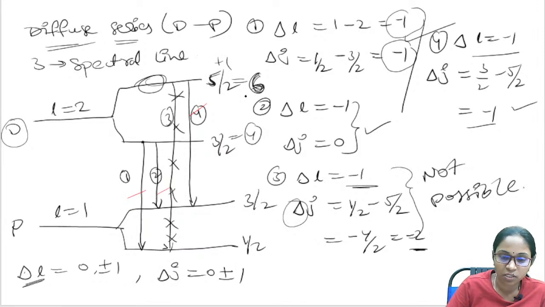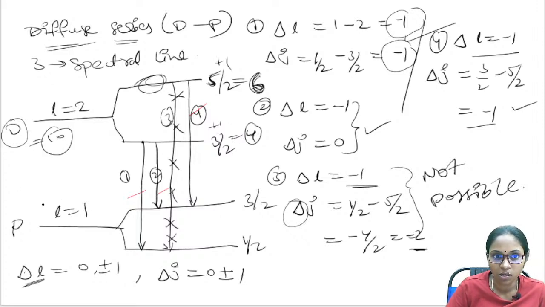Therefore you can fill 6 electrons here, and here 4 electrons. That means the diffuse d orbital can be filled with 10 electrons, as we know the maximum number of electrons in a d orbital is 10.